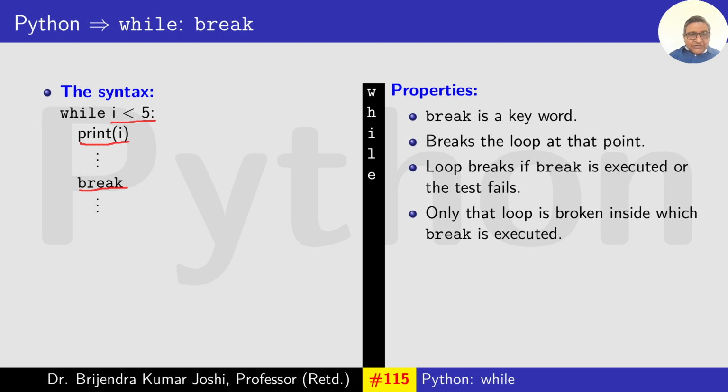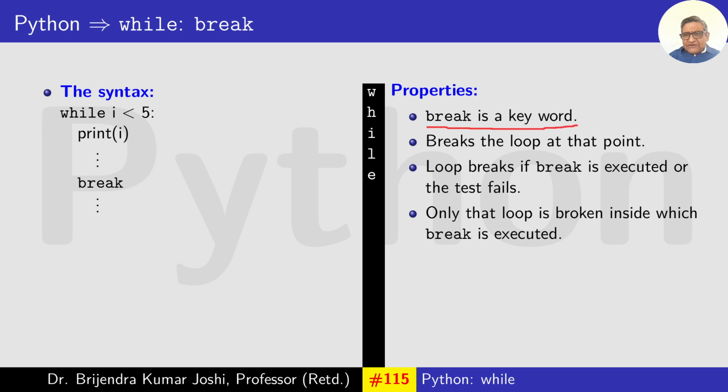It starts executing the statement just below the while, because indentation is very important in Python. The body of the loop is identified through the indentation. So once the loop breaks, or even if it terminates logically, it continues to execute the statement just below the while as far as indentation is concerned.